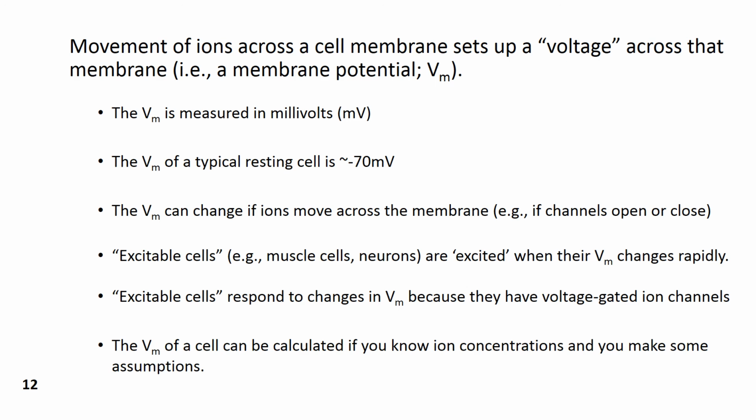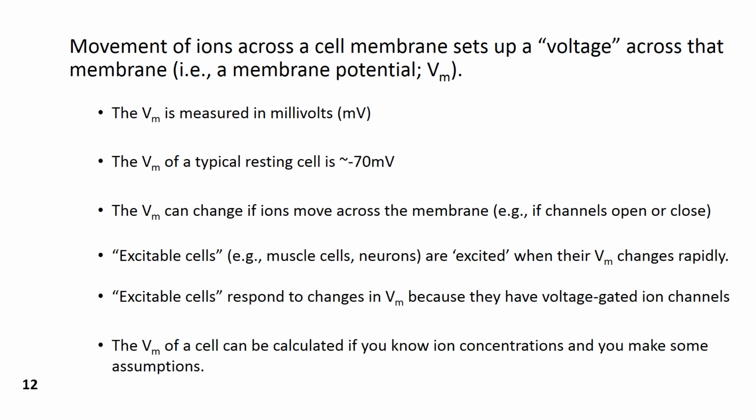The membrane potential of a typical resting cell is around negative 70 millivolts, and the negative refers to the more negative on the inside of the cell. A membrane potential can change if ions are moved in either direction across a membrane, and that might occur if an ion channel opens or closes.